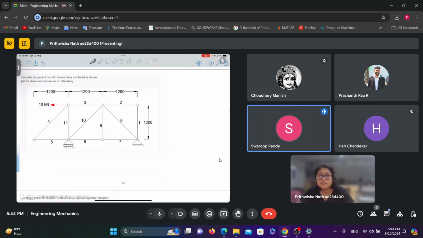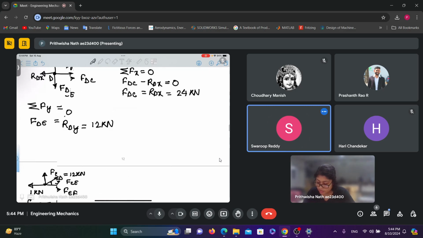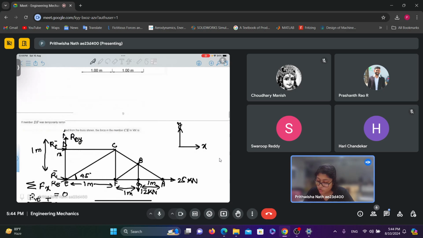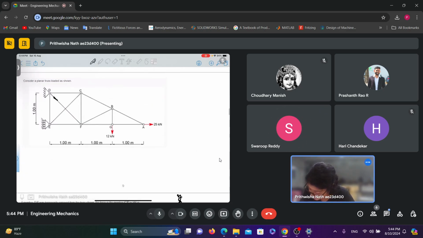Ma'am, in roller support, why is there only a horizontal force, and in hinge support why is there both? At a roller support, the reaction is only the normal component, normal to the direction of contact.